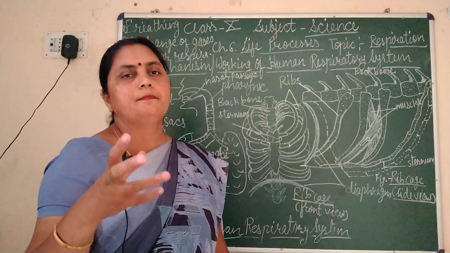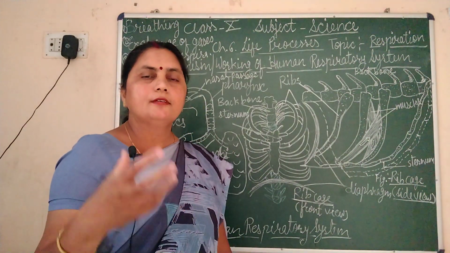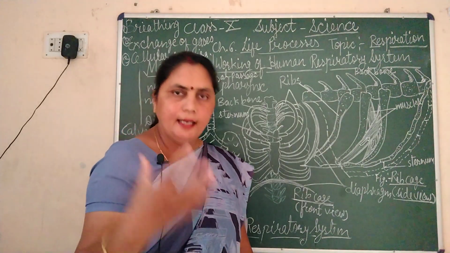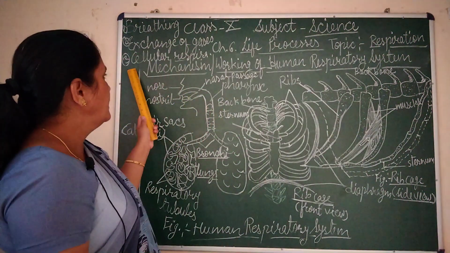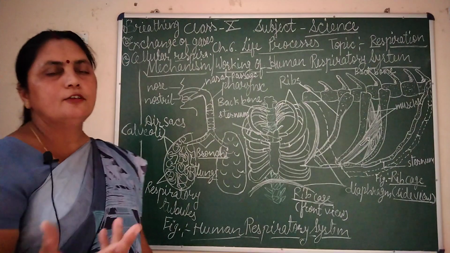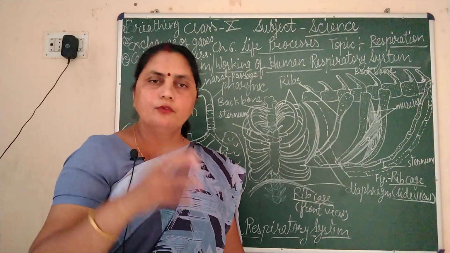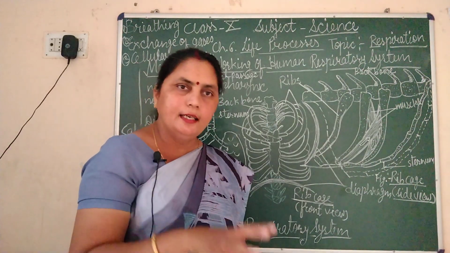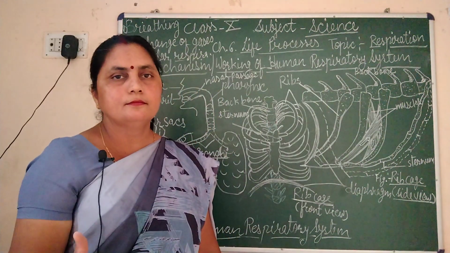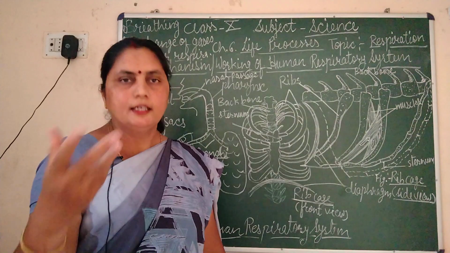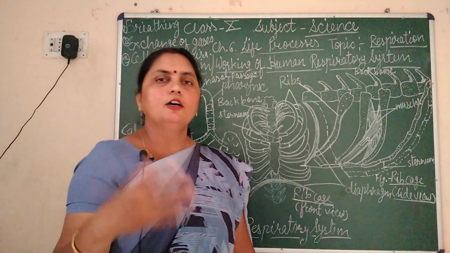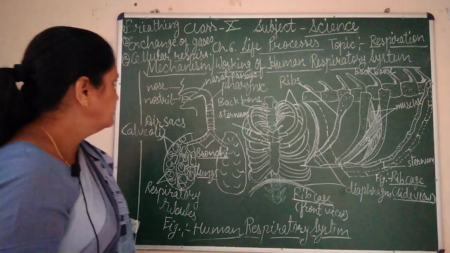This oxygen will burn the glucose to give carbon dioxide, water and energy, and this is called cellular respiration. What is cellular respiration? Cellular respiration is the breaking down of glucose into carbon dioxide and water to produce energy, which will be used for various vital activities.